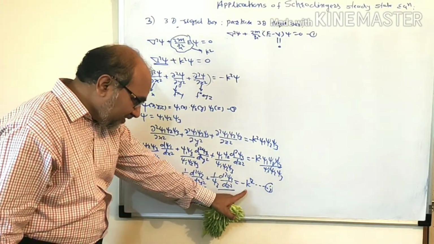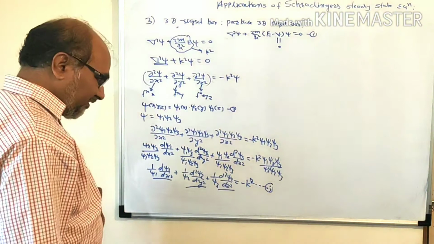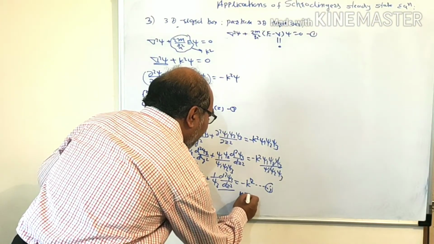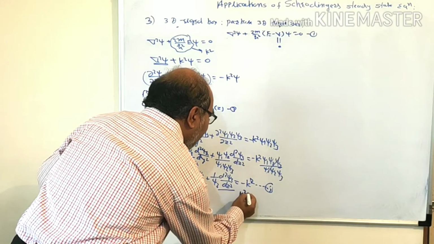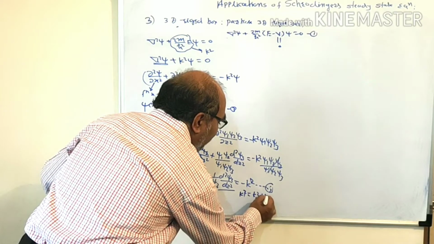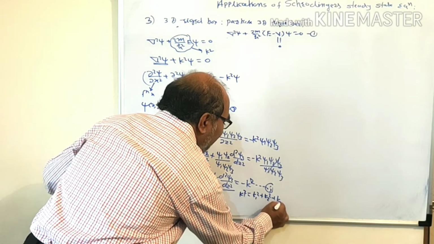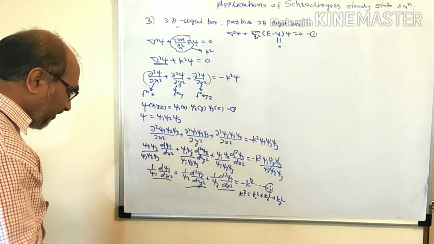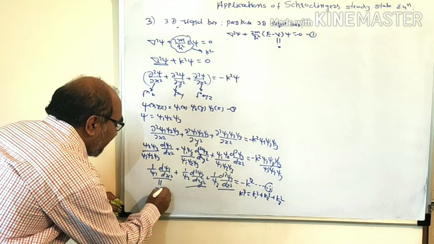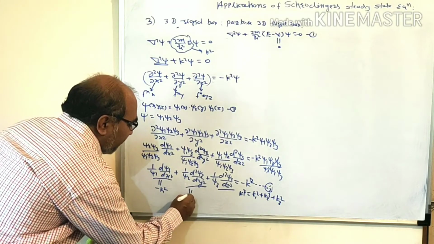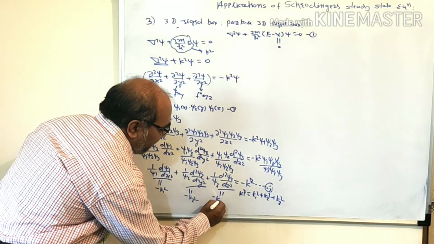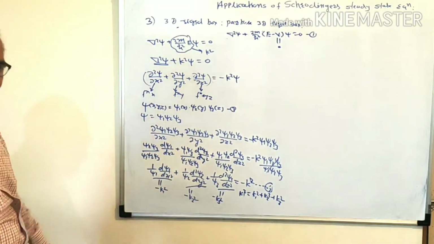That means k² is equal to k1² plus k2² plus k3², where the first term is equal to minus k1², the second equal to minus k2², and the third equal to minus k3². So there are three constants.